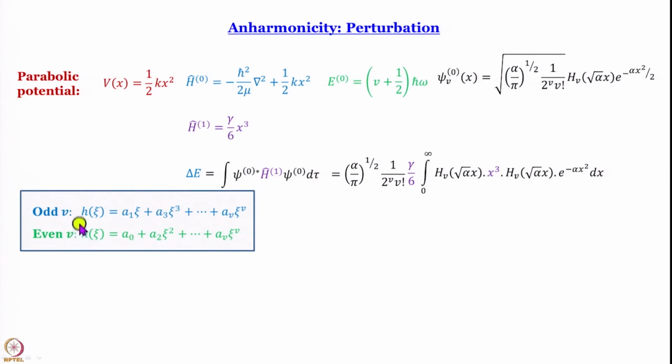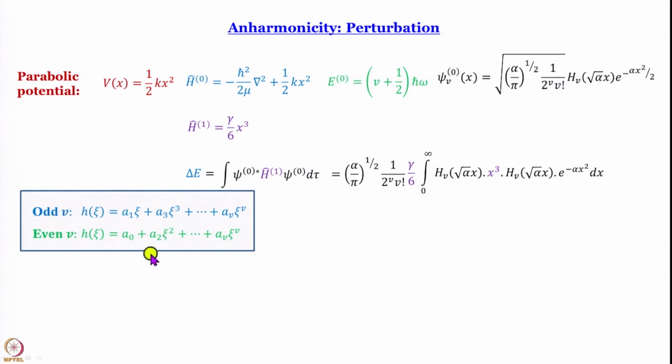So, if you remember, we had come to understand that for odd values of V, the Hermite polynomial is A1 multiplied by xi plus A3 multiplied by xi cube plus so on and so forth, AV xi to the power V, where V is odd. So, the even terms are missing.